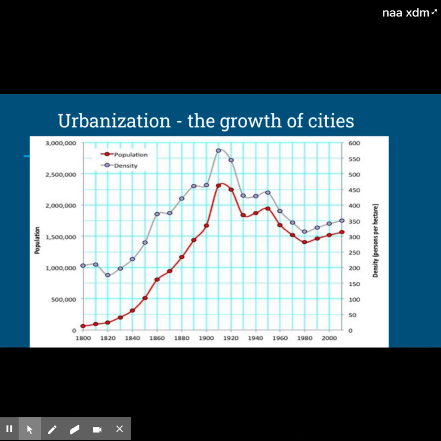If you look on the right side, what's being measured on the right side? Density. Population density. Can anybody explain what the term population density means? The amount of people in like a certain area. Exactly true. Yes.